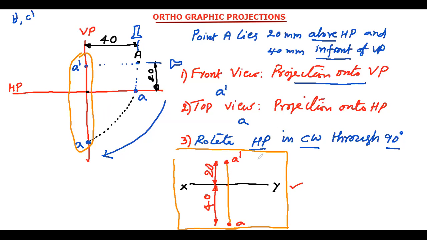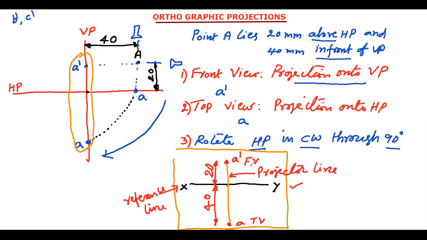And so you got the front view, which is A dash, you got the top view, which is A, and this line which I have drawn here is called the projector line. And this line XY is called the reference line.